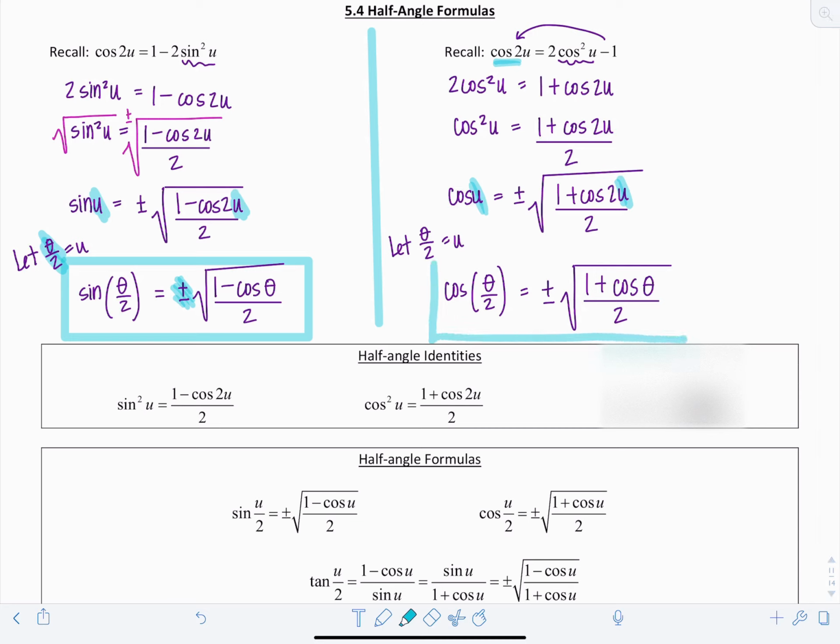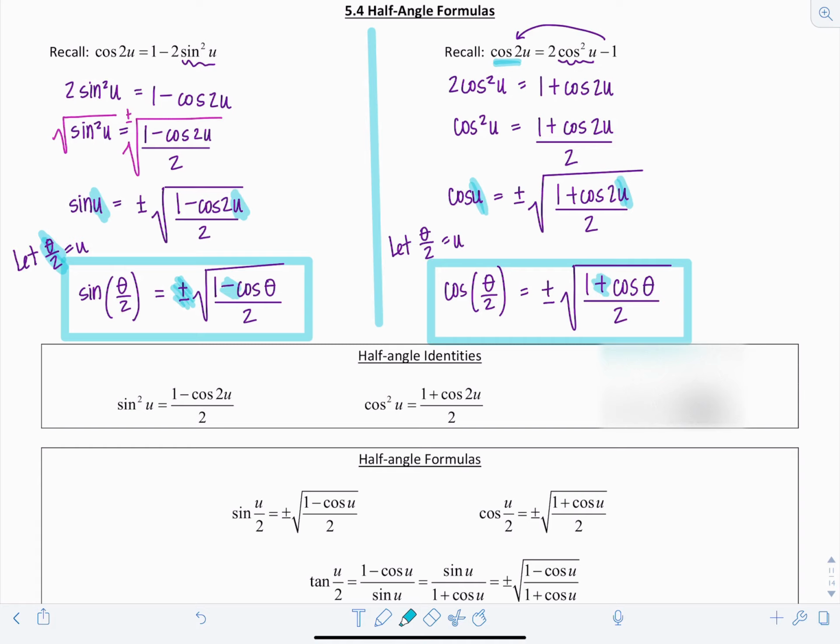So I would say the key thing to notice when you're memorizing these formulas and working with them is that the cosine half angle has a 1 plus cosine theta in the numerator, and the sine half angle has a 1 minus cosine theta. But they both have that 1 and cosine theta divided by 2 underneath the radical.